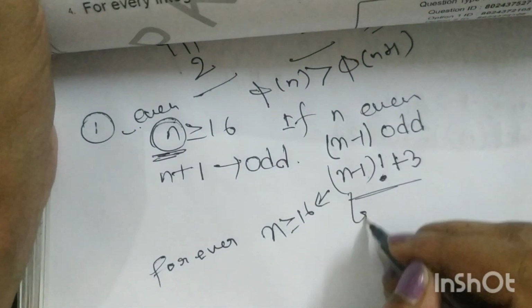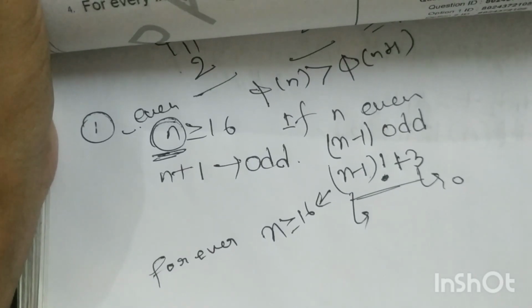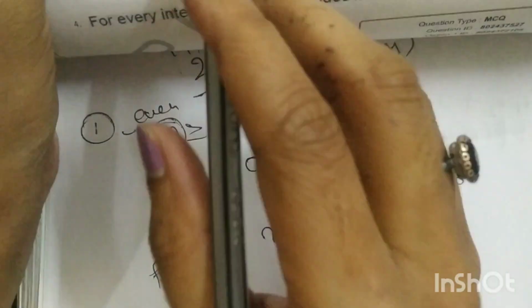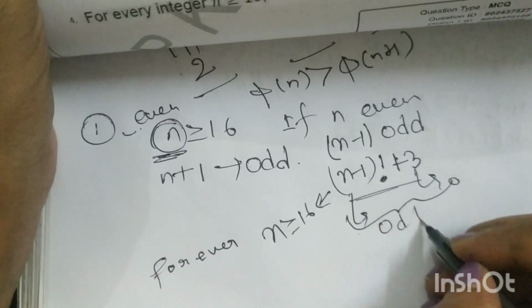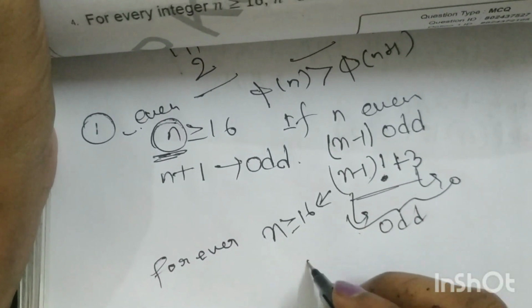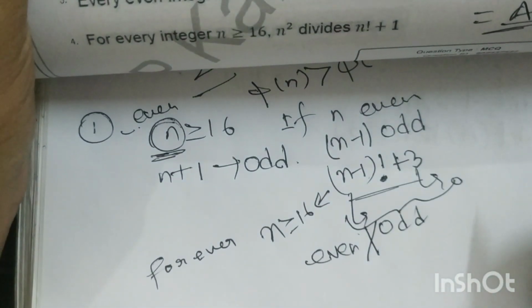So it is even and it is odd, and your n is even, but this thing is odd, so it will not divide, because even does not divide odd. So your option A is incorrect, right?